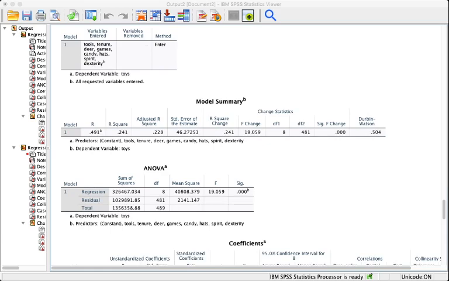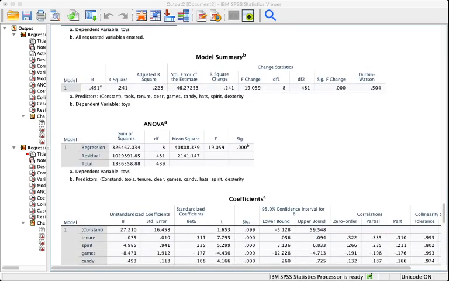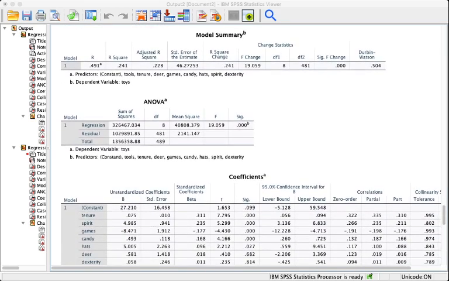If you haven't looked at a regression before, it can be a little confusing because there's a lot of different values. The first thing you want to look at, in this model summary table, is the R-square and the adjusted R-square. R itself isn't as important.